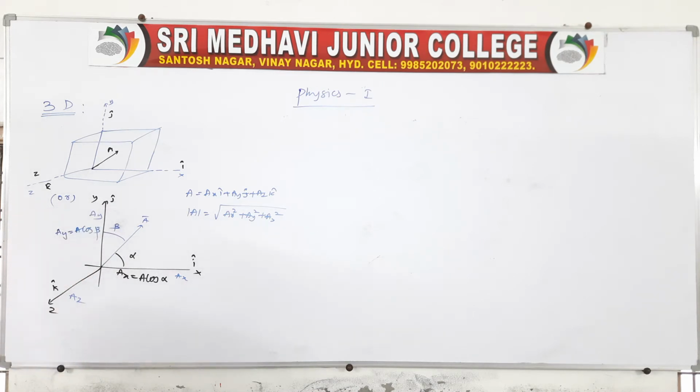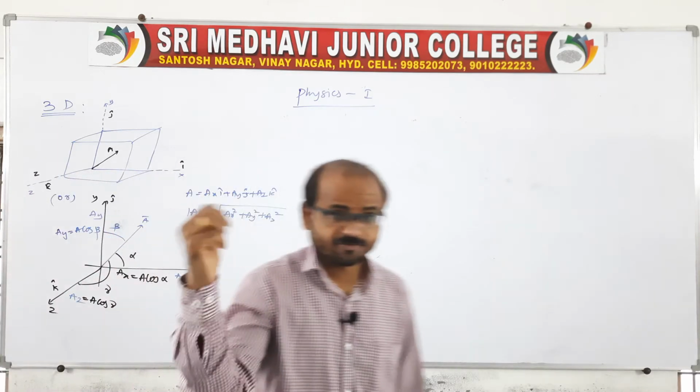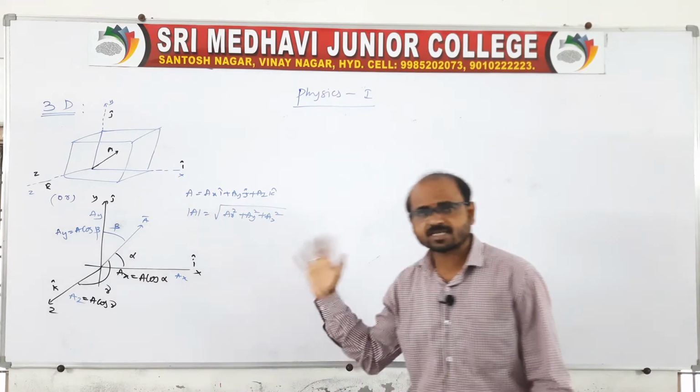Next, with the z axis it makes an angle gamma, and along the z axis Az = A cos gamma. All sine angles you leave; we'll get the sine angles in the final derivation.